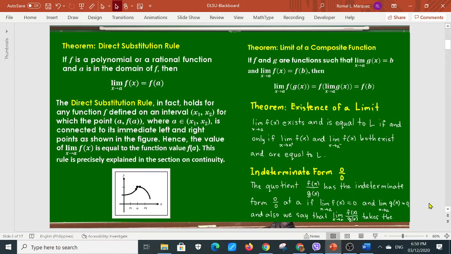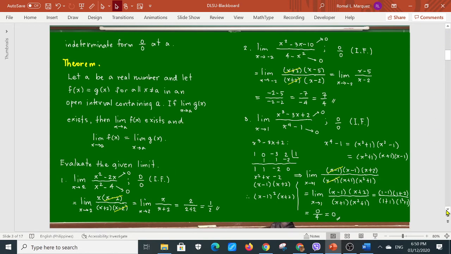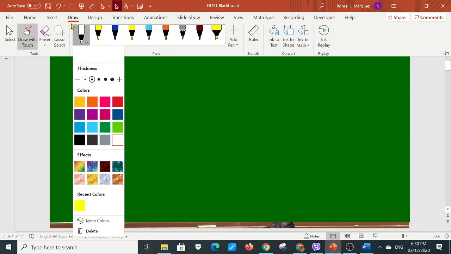So let us have this last one for rational functions, and then we're going to have other types of functions. What number are we now? 4. So number 4, we have the limit as x approaches negative 2.